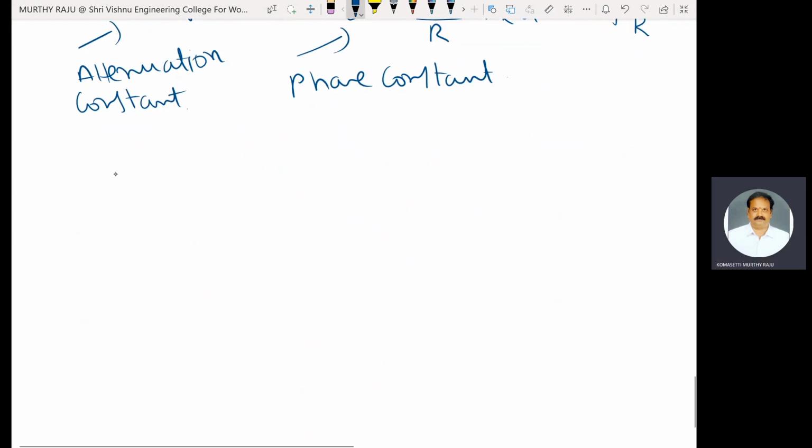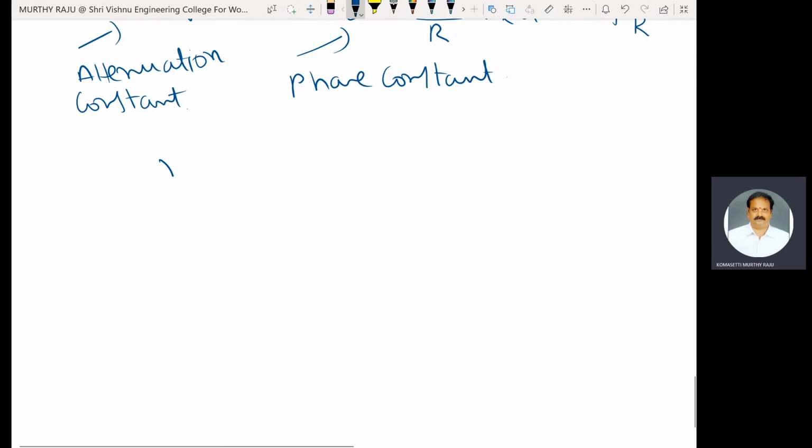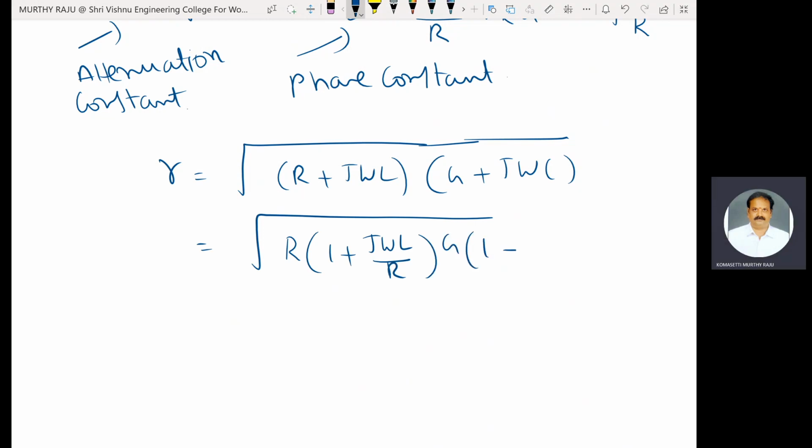Another way to derive this is: gamma is equal to root RG (1 plus j omega L by R)(1 plus j omega C by G).